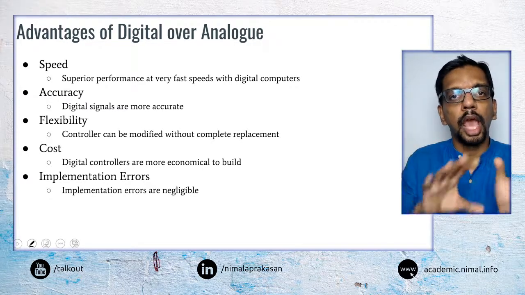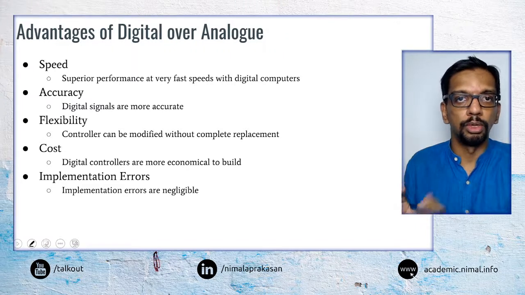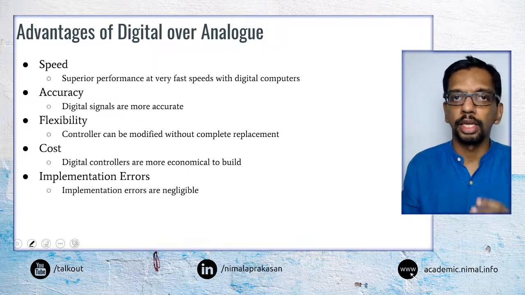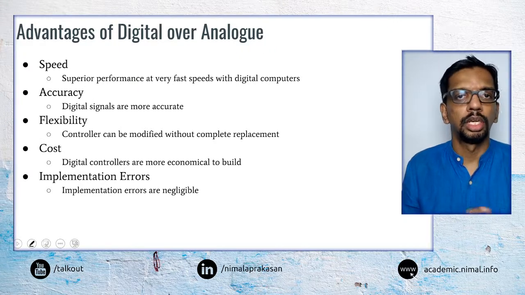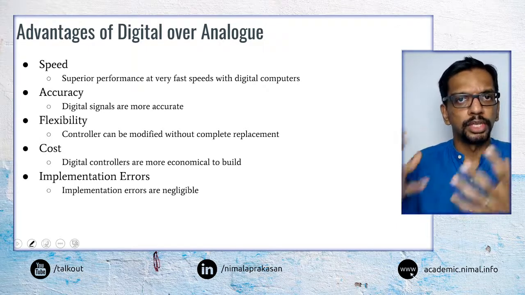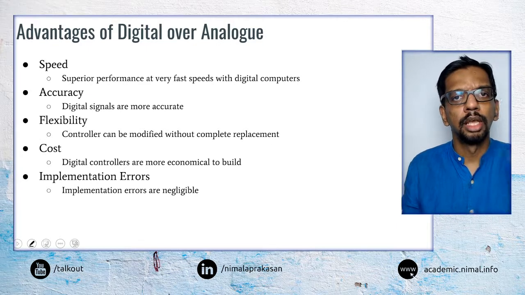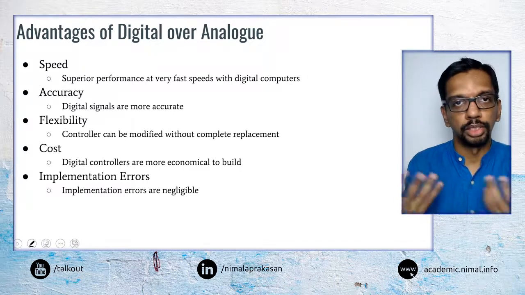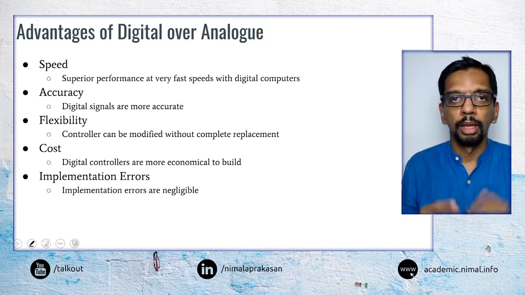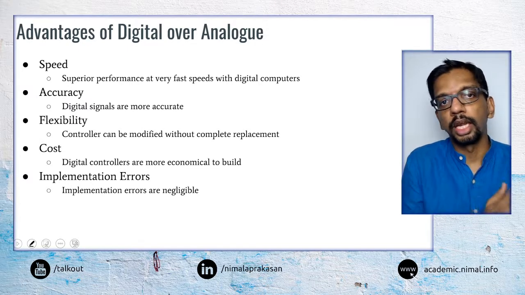It doesn't mean that analog systems are not at all useful. There are certain applications where analog systems are perfectly fine, and we will still keep on using them. For example, for the controller for a fan, in most cases we are still using analog controllers. There are no digital controllers in most fans, even though it is possible to use them, because analog is enough in that situation.